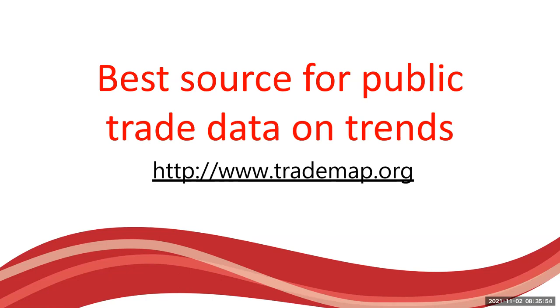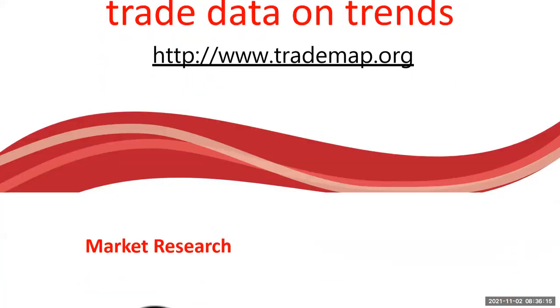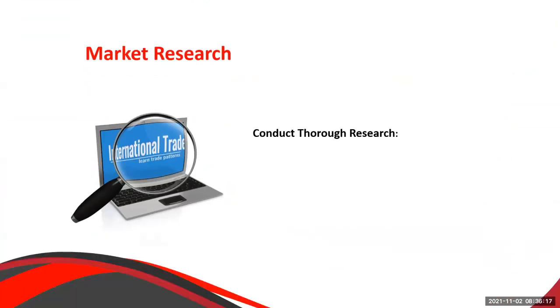We, as the exporter, had to pay the demurrage for the container while it waited to be X-rayed, which really upset me because we did nothing to get it X-rayed, but we were being fined for it. So, best source of public data, trademap.org. Love it. It's a great way to find the data. So there are different ways to conduct your research.